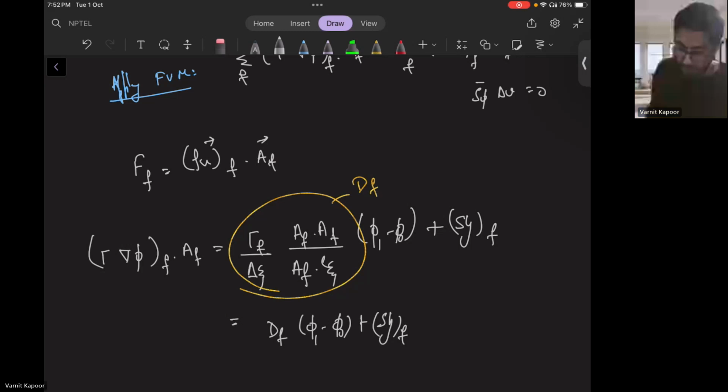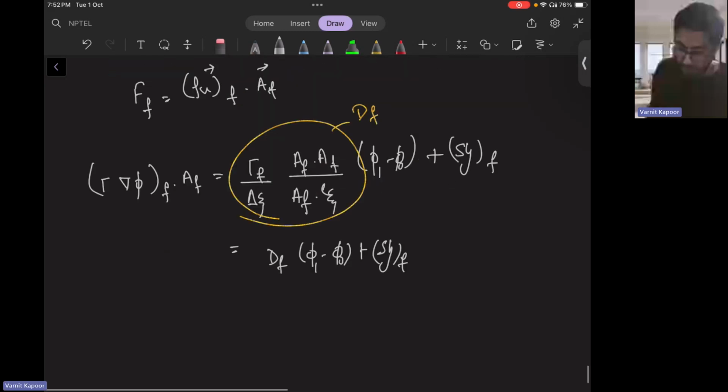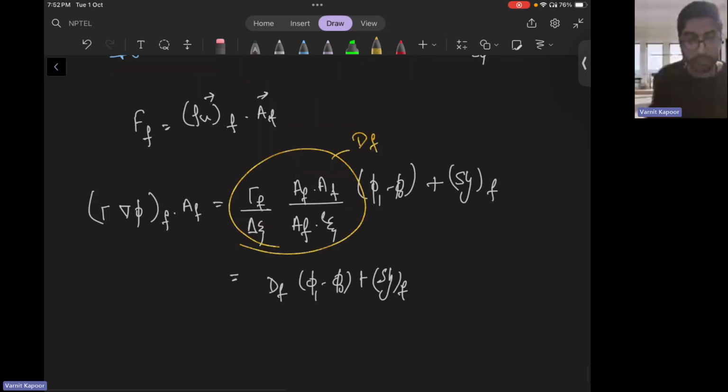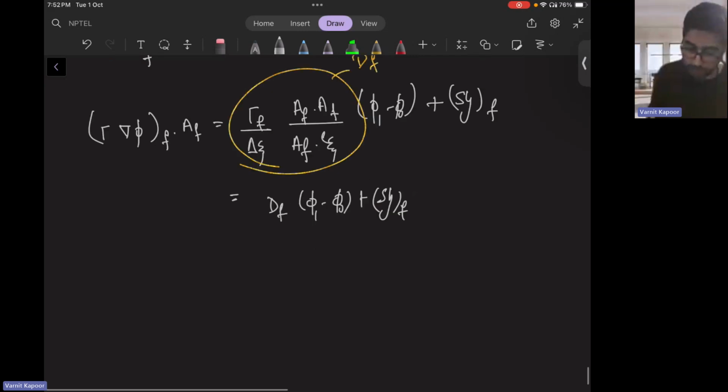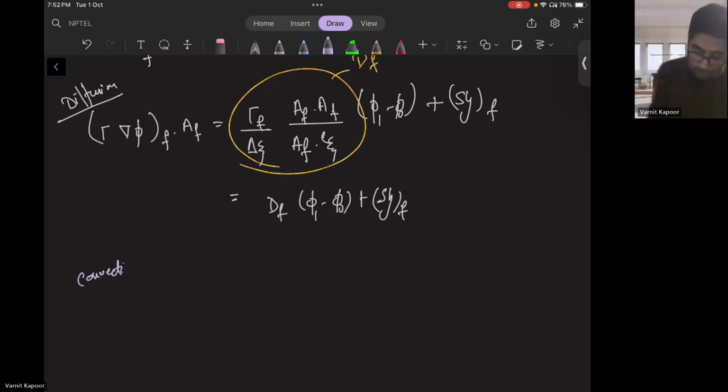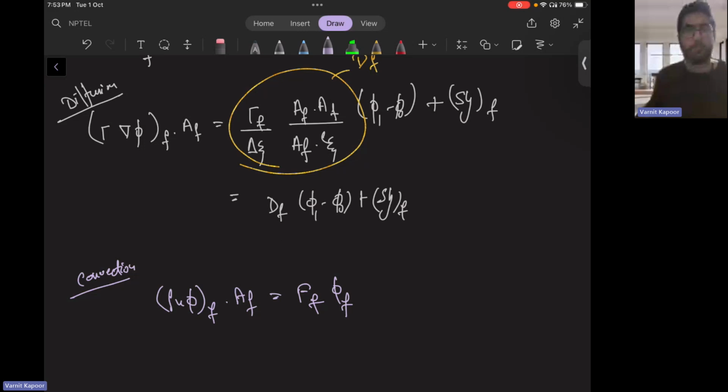Okay. Now how will you write the convection term? Let me write it: diffusion. Now convection is rho u phi at face dot A_f, which can be written as F_f phi_f.